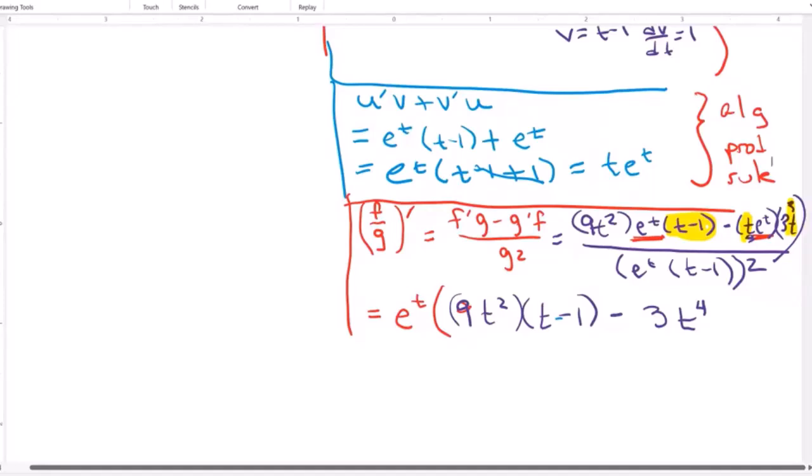I'm going to divide this entire thing. Well, first let me close my parentheses. I'm going to divide this whole thing by e to the t times t minus 1 quantity squared.